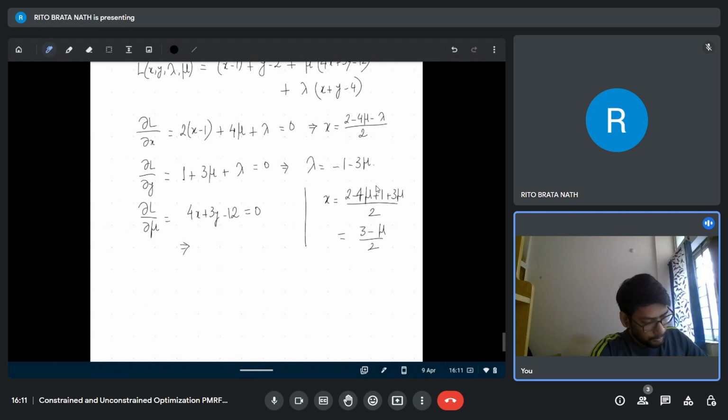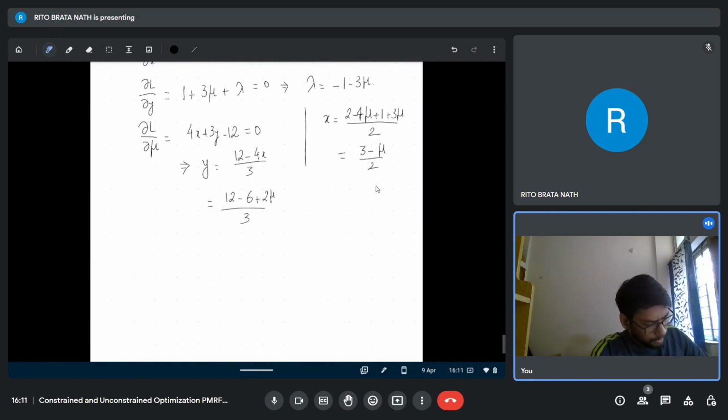So y is 12 minus 4x by 3, 12 minus 6 plus 2 mu by 3. So it's 6 plus 2 mu by 3. So that's your x and y values.